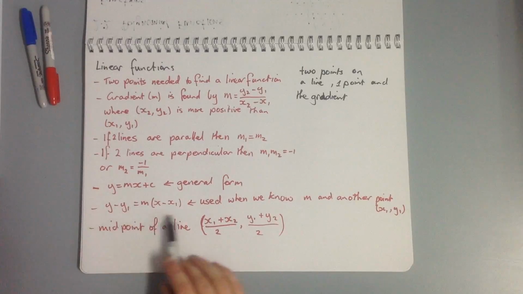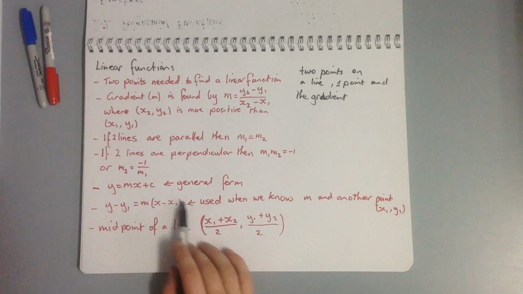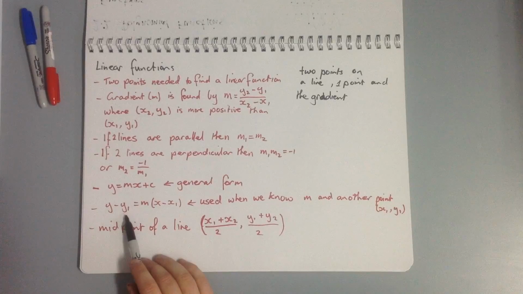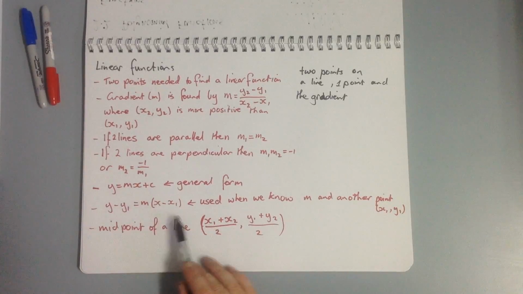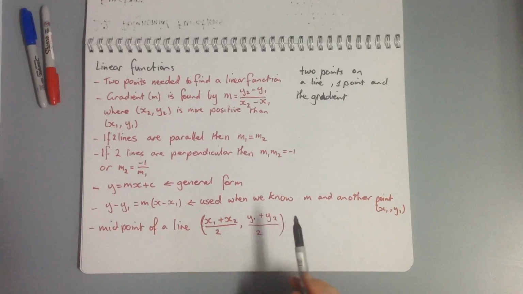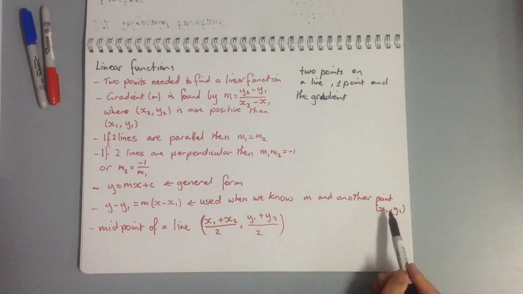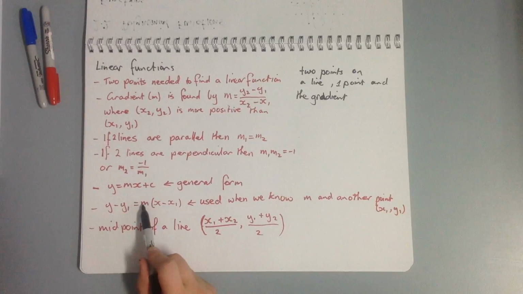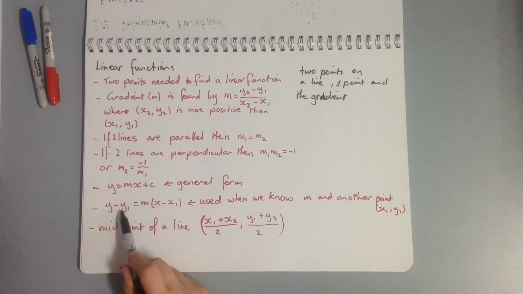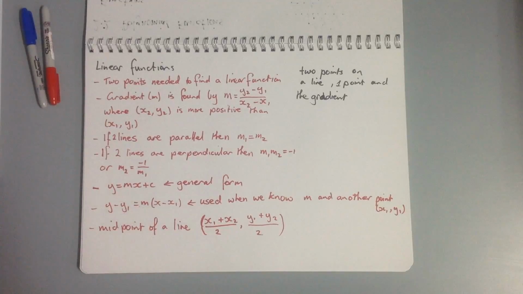We also have this one here that we use, which comes in quite handy: y minus y1 equals m outside of x minus x1. This is the one that we use when we know that we have m, our gradient, and another point, x1, y1. So we find our m and we sub it in here, and our other point here and here.